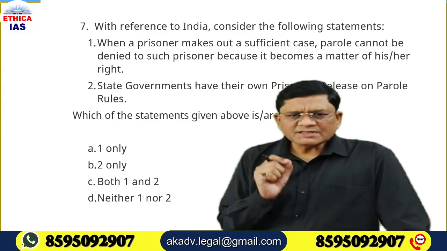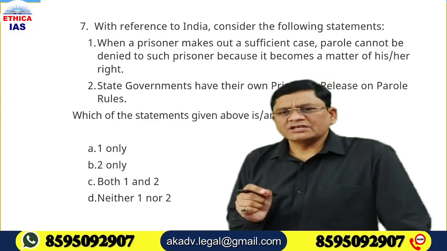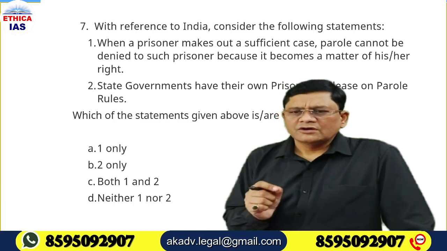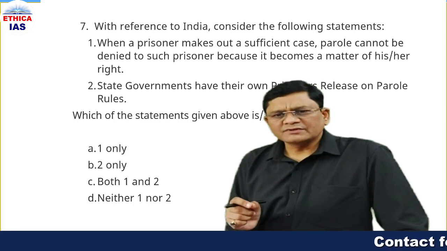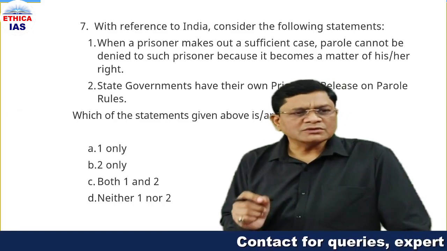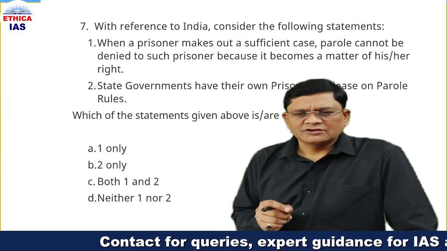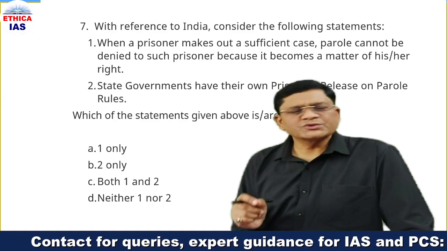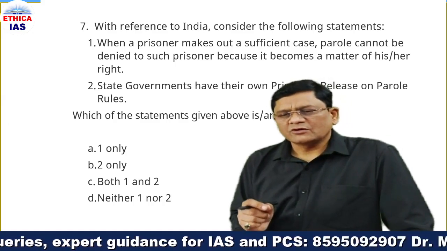A prisoner can be released by jail authorities on parole when the conduct of such accused or such prisoner has been good in jail. On the basis of good conduct, for the fulfillment of his social need, he can be released on parole.